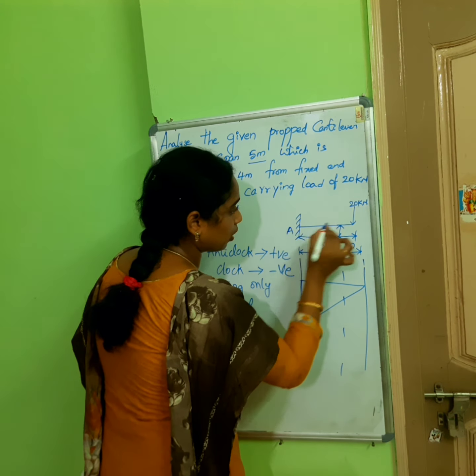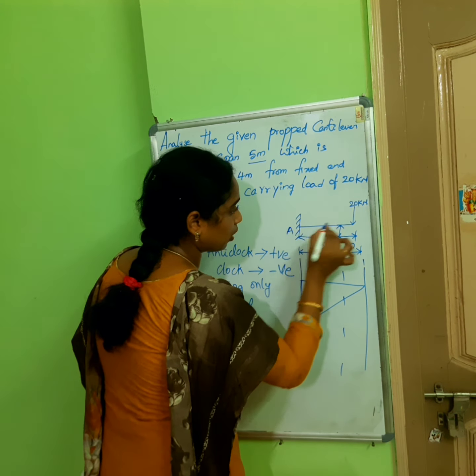I need to calculate x bar. X bar is nothing but this one, after the deflection at C. So x bar is equal to 2/3 of L. So x bar how much? 8 divided by 3. So I got x bar as 8 divided by 3.